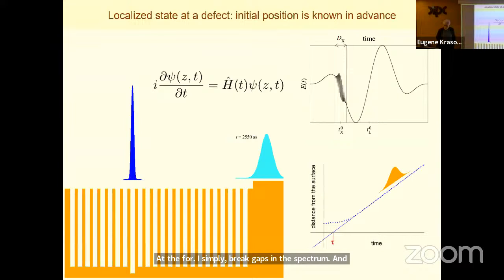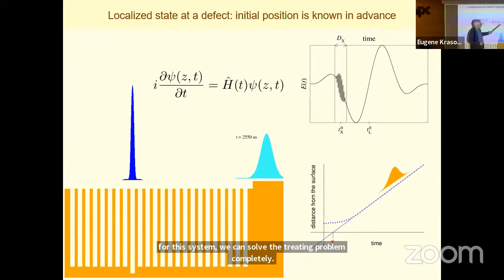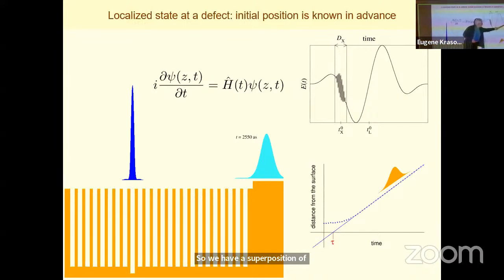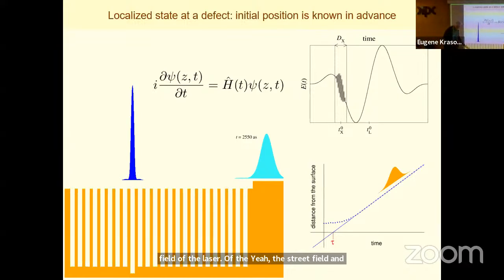And for this system, we can solve the streaking problem completely. We have a superposition of two light pulses: the electric field of the laser, the streaking field, superimposed with the XUV high frequency field. Then we introduce a defect in the crystal, and a localized state forms at this defect.